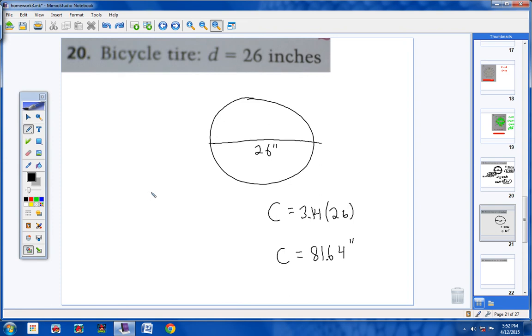Now that's the answer to the first part of the problem. Now, how many turns do we have to take before it'll cover 1 mile? Remember, 1 mile equals 63,360 inches, okay? So here's what we're going to have to do. How many times does 81.64 go into this number right here? Well, if you take 63,360 and divide it by 81.64, you're going to get approximately 776 turns or revolutions.